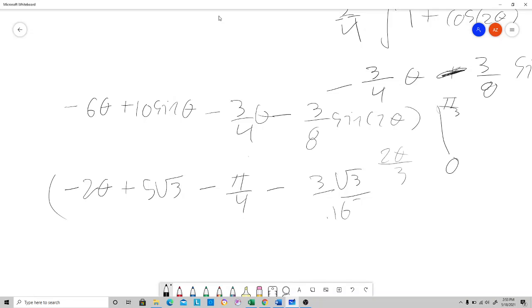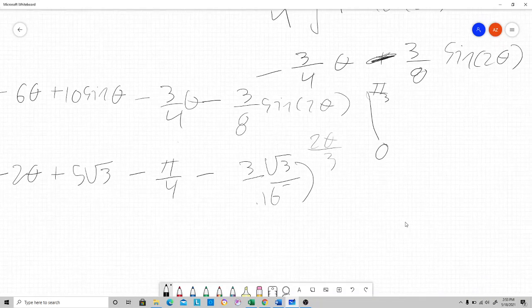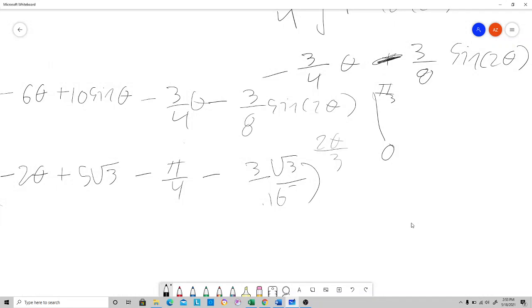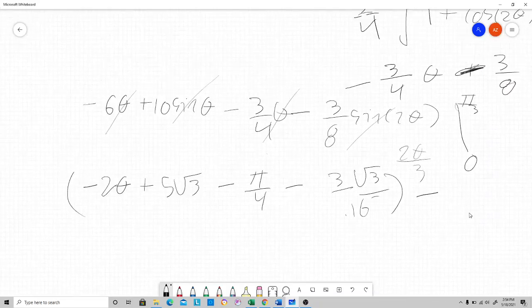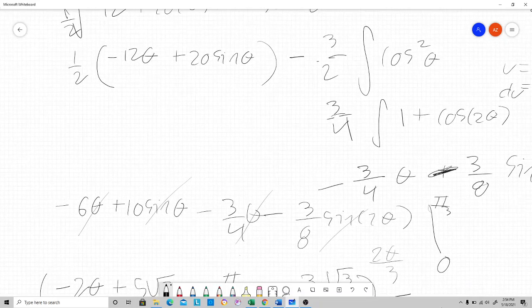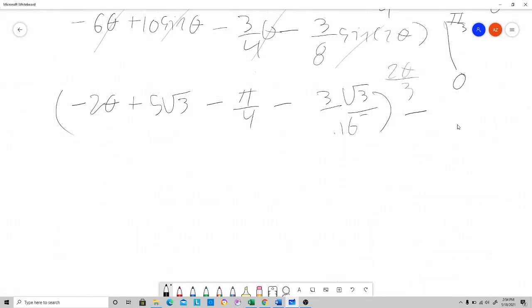Okay, and now we have our 0. So our 0 would be minus, I'm going to do it right here so we can see the screen. So that 0 will take away the 6 theta. That 0 will take this out, I will take this out. So in conclusion, we're going to have this.